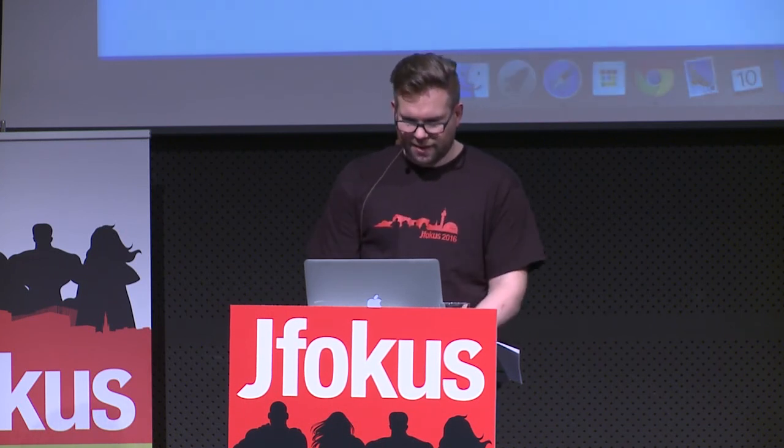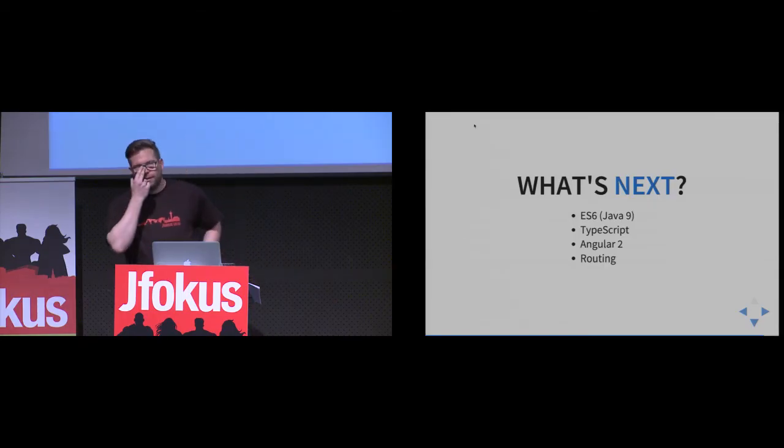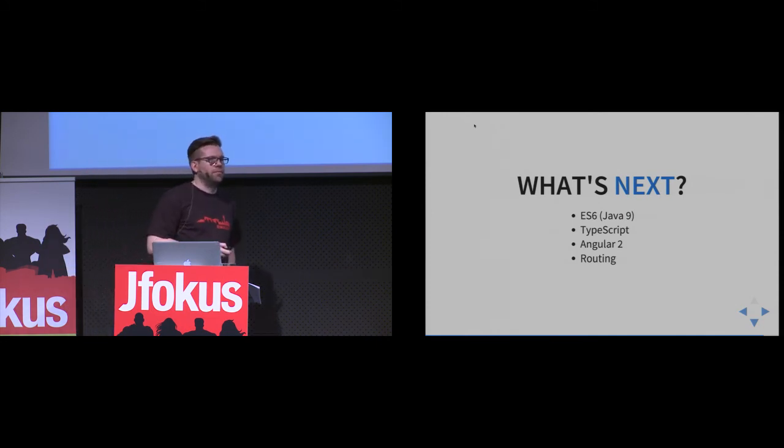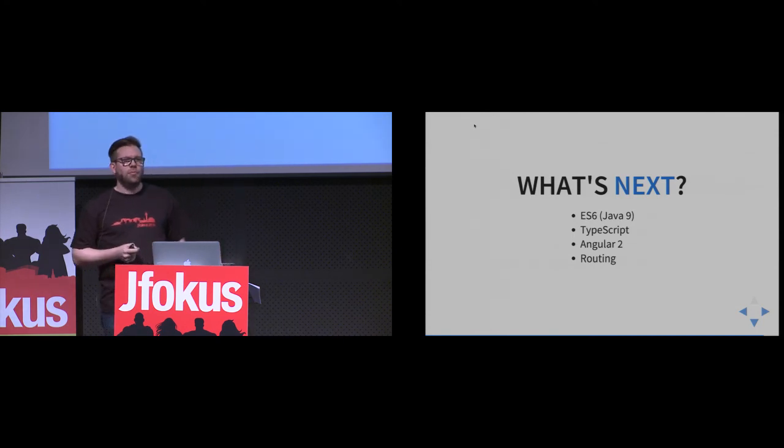So, what's next? I'm thinking of using ES6 with the upcoming Java 9. So Nashorn will hopefully support many ES6 functions. I don't know if Nashorn will really support all ES6 functions or just a few.